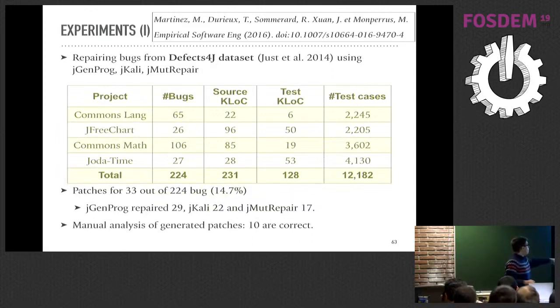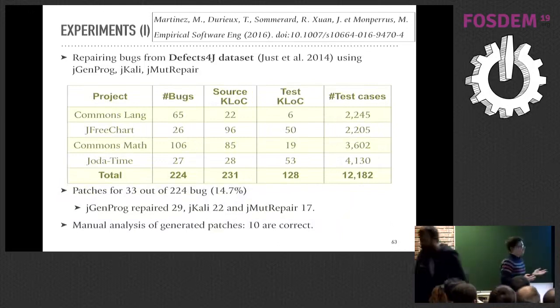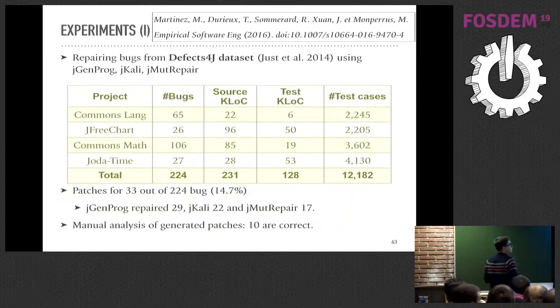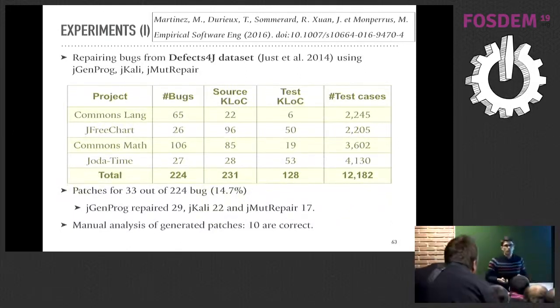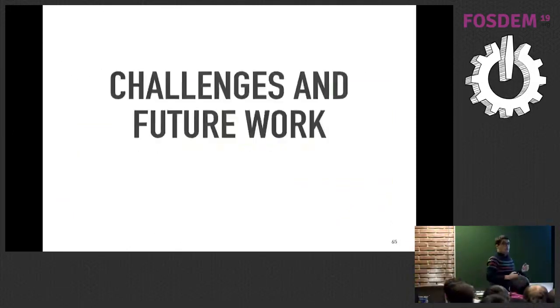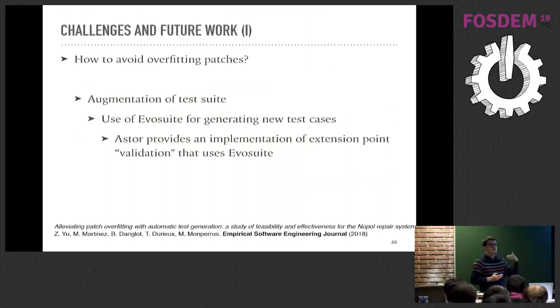That means that this patch that we are able to generate produces a result where all the test cases pass. Okay, but it doesn't mean that the repair is correct. Why? Because there are some changes that make all the failing test cases pass, but are not correct.